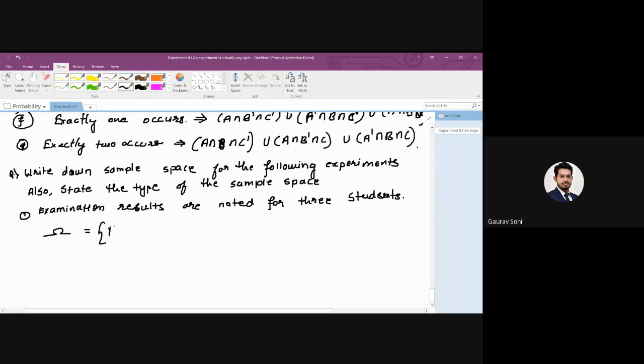All three are pass, two are pass, one is fail, second is fail, other two pass, right? Then two are fail, one is pass, all three are fail.